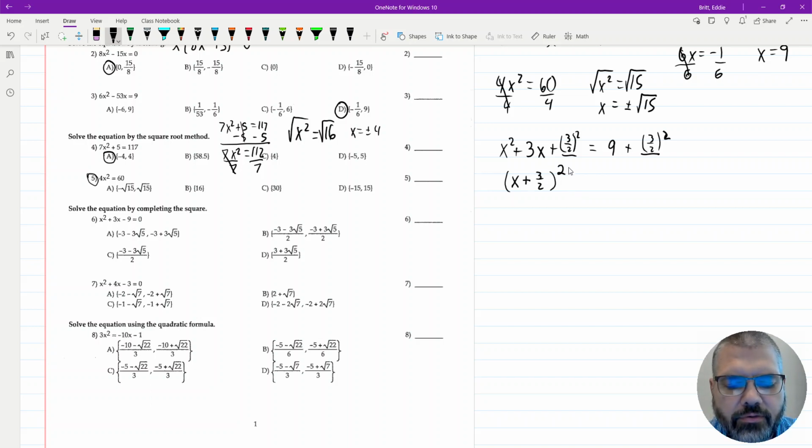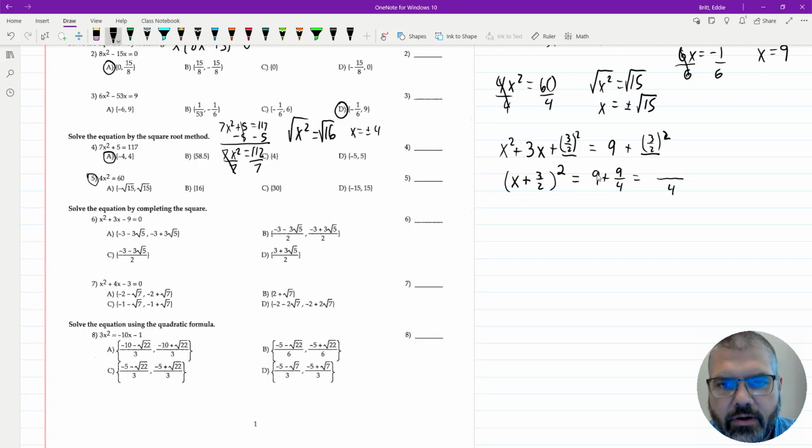So it'll be that term squared equals, now up here I have 9 plus 9/4. If you say 3 halves times 3 halves. I need to put those two numbers together. To put those two numbers together, we need to get a common denominator of 4.